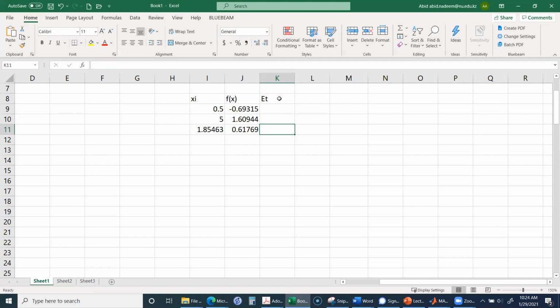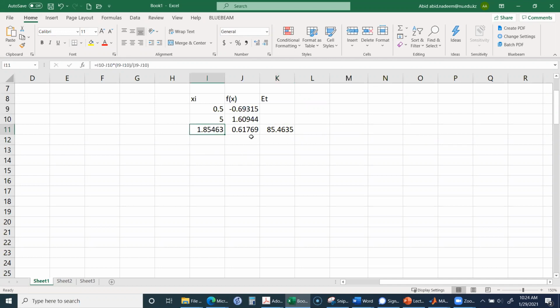So the true percentage error will be equal to the true value minus this, divided by the true value multiplied by 100, and then we need to take the absolute value. So it is 85 in the first iteration, it is 85.46%.